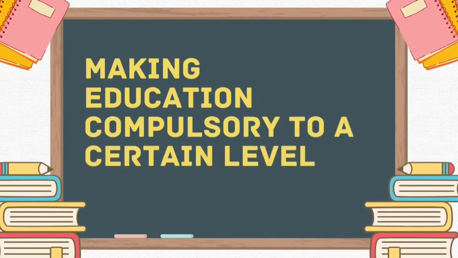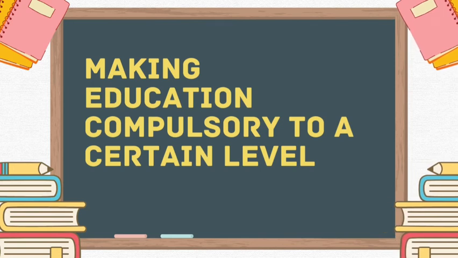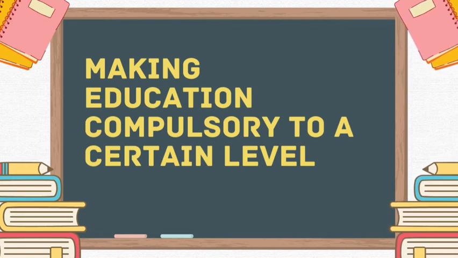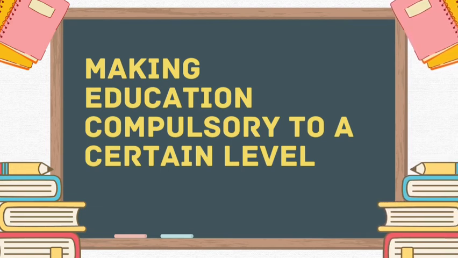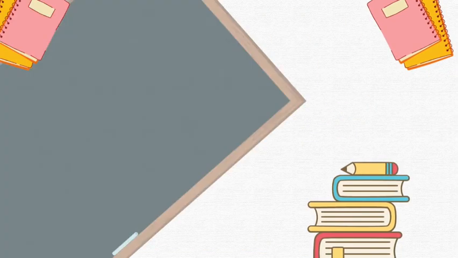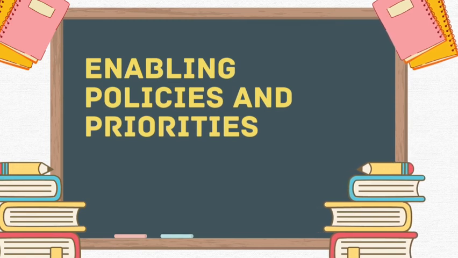For instance, the least level for education should be the JSS3 education. So making education compulsory to a certain level will help to solve the problem of illiteracy in society.